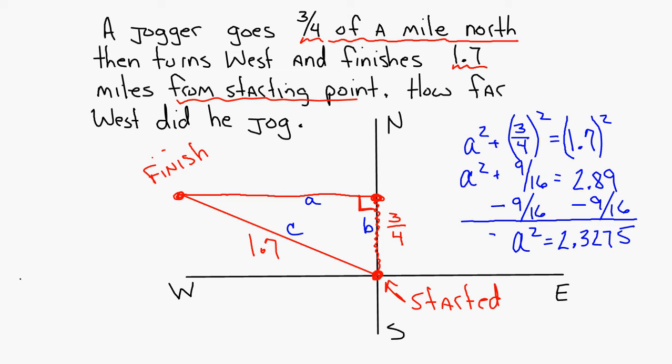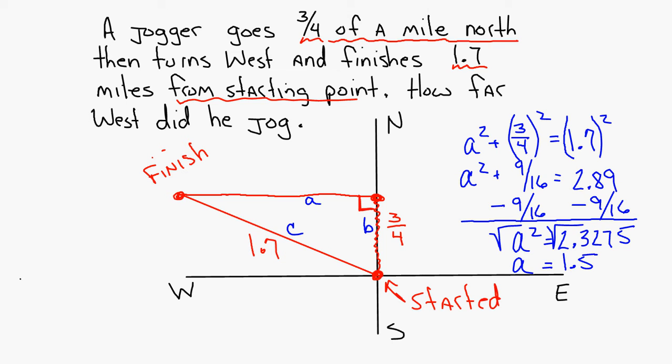And then you're going to square root each side. And when you do, you're left with A by itself. And since this value is still in there, you can push the square root button. It's 2 above the 9. And you get 1.5.